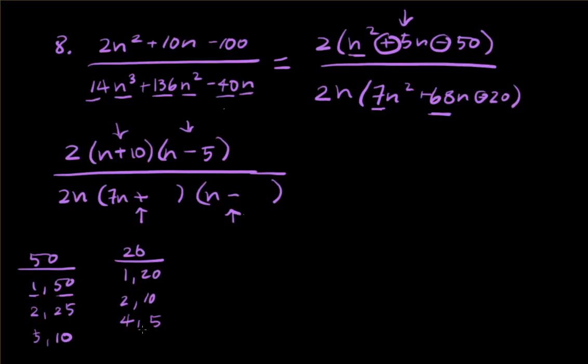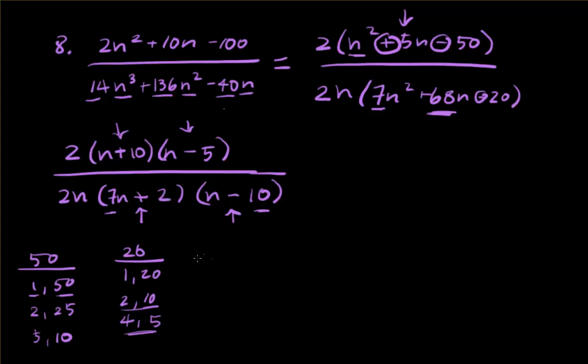So I'm not going to try with 4 and 5. Okay, I usually use 4 and 5 when the middle number, the second term, is pretty small. So I'm going to try to use 2 and 10. Okay, let's do 10 here because we're trying to get a large number, and you know that when you put the number here, it multiplies with 7. And then I'm going to put 2 here.